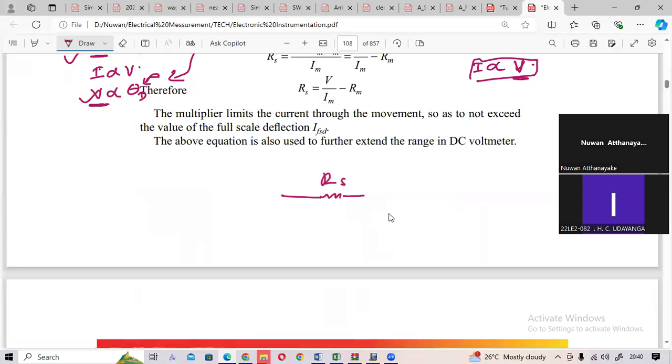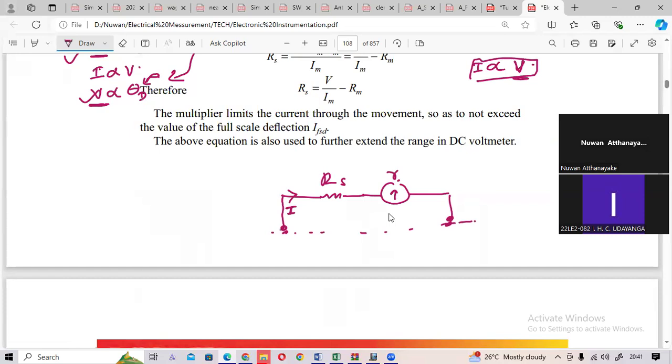Now you have a series resistor here, and you have the diagonal setup. The current is flowing through this. Once you connect this across a terminal, in parallel, the current is flowing through this, and here there is an R also.